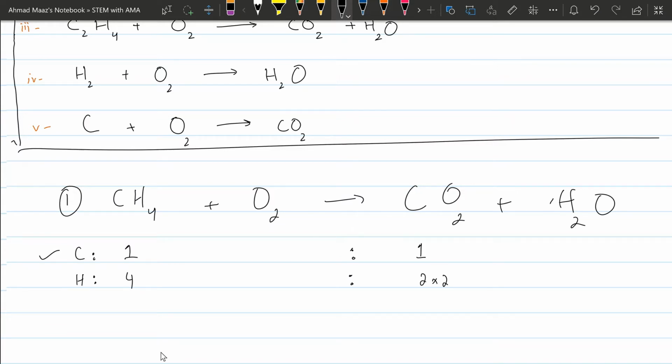Multiply this by 2, and hydrogens are now balanced. Next is oxygen. You have two oxygens on the left side and 2 plus 2, 4 oxygens on the right side. You know what to do. Multiply this by 2. The equation is now balanced.